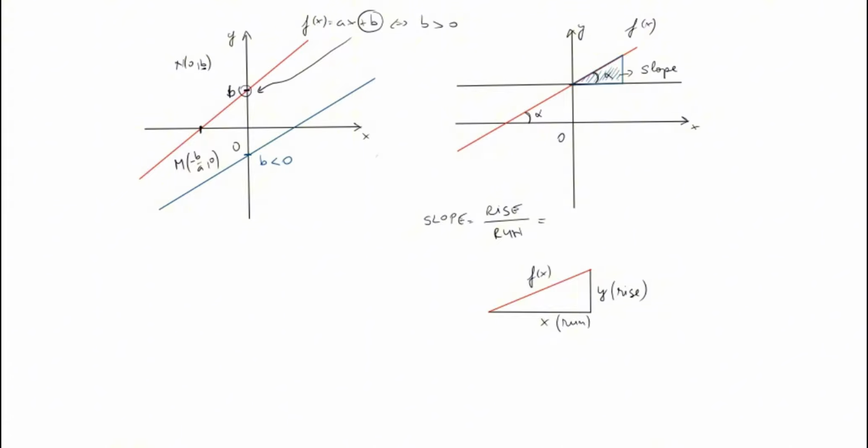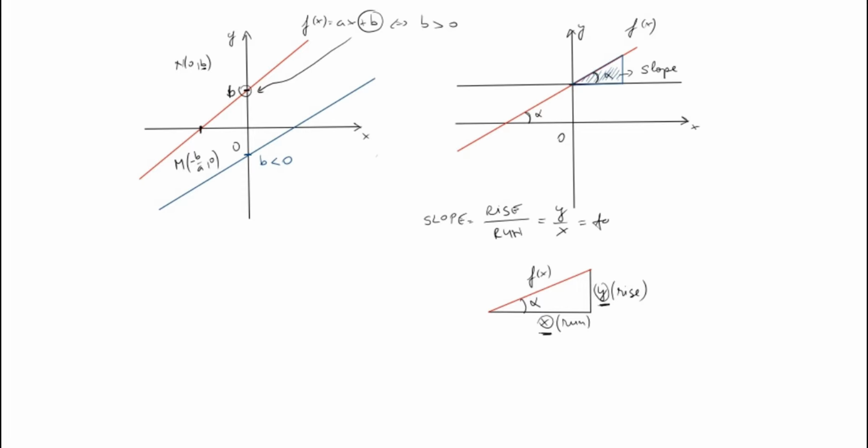So we can expand here a little bit more. Slope equals y over x. And in trigonometric terms, y over x, in this case, is the tangent of the angle alpha. The tangent is always defined as the side which is opposite to the angle divided by the side which is near the angle. So y over x.